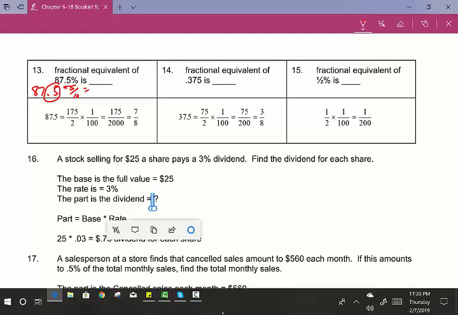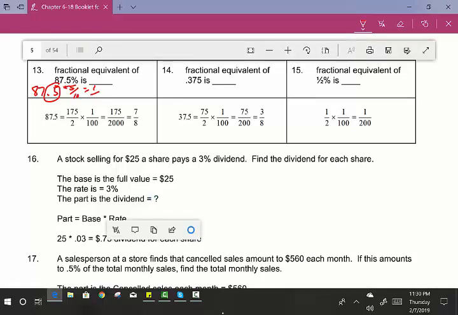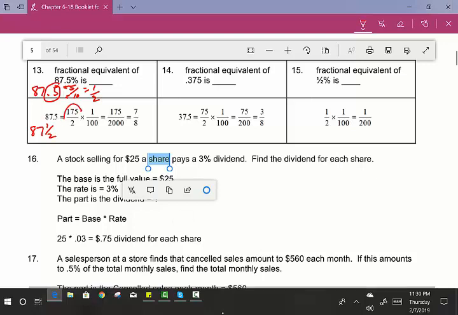Reduce that down: 5 will go into 10 2 times, so 1/2. So really, this is 87 and 1/2. Convert this mixed number to an improper fraction. 87 times 2 is 174, plus 1 is 175, over the like denominator of 2. Multiply that fraction times 1/100th, and that gives you 175 over 2,000, and break that down to 7/8 for the final answer.